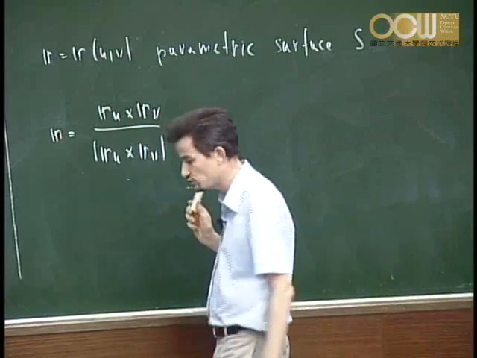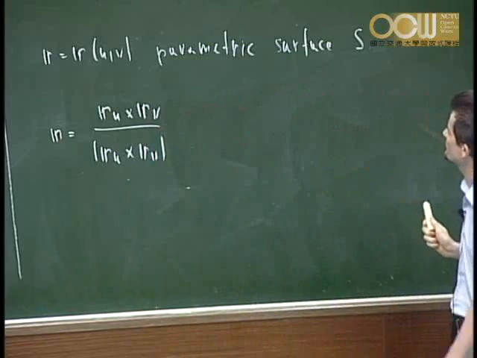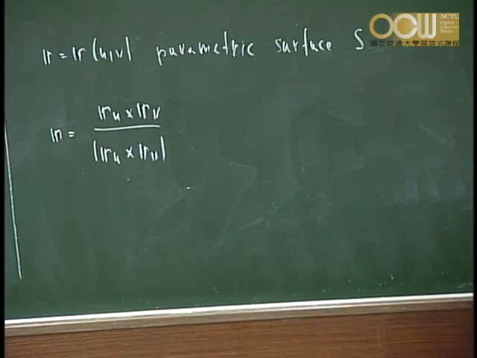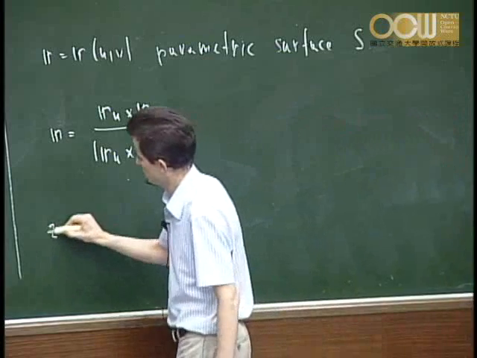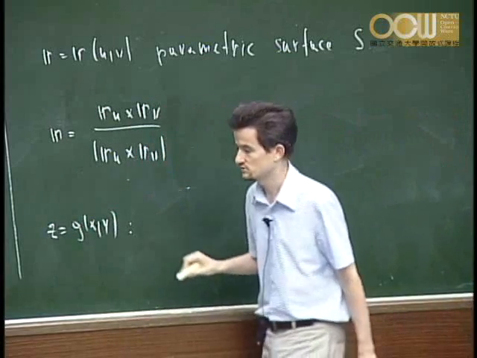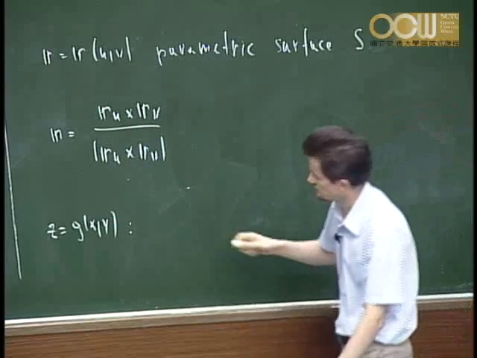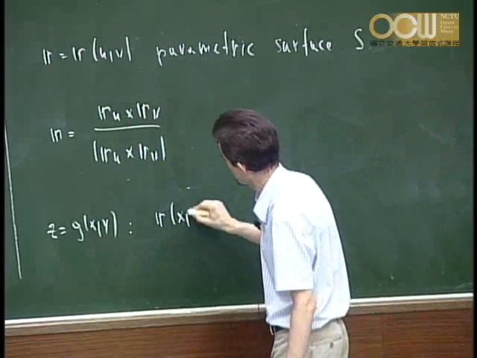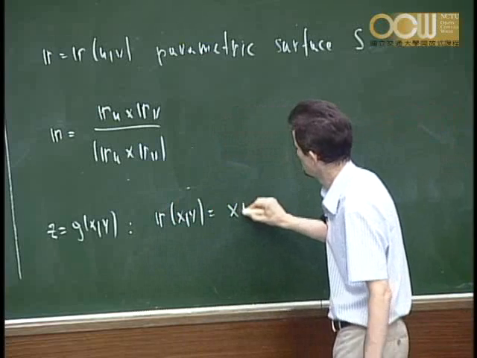Okay, and if you do this for the special case where the parametric surface is generated by a function of two variables, in this special case we always chose the vector function to be equal to this.